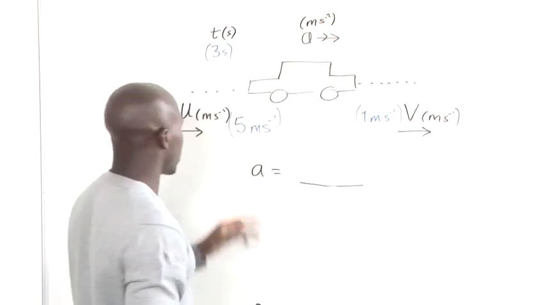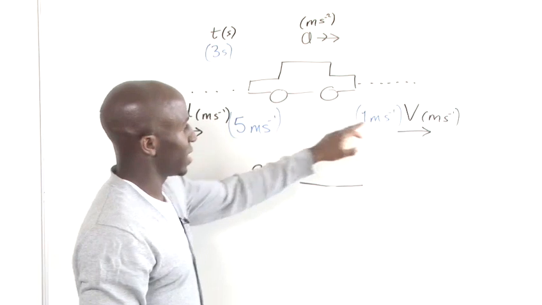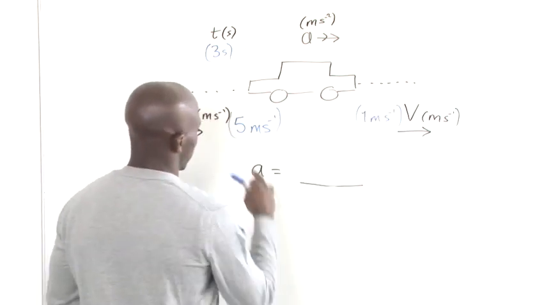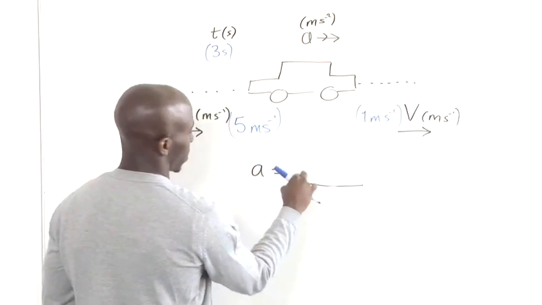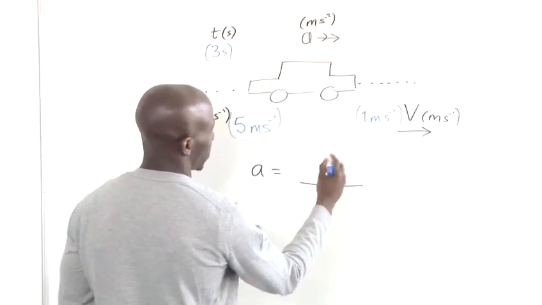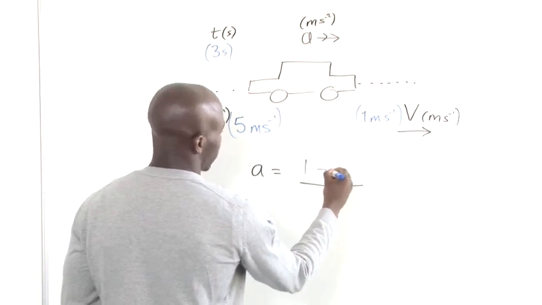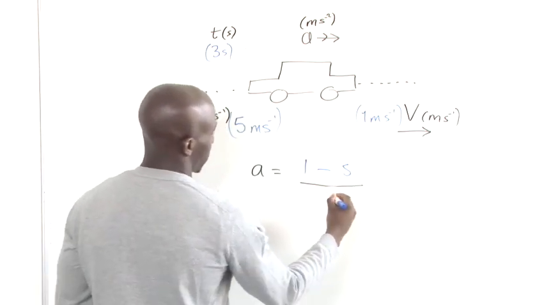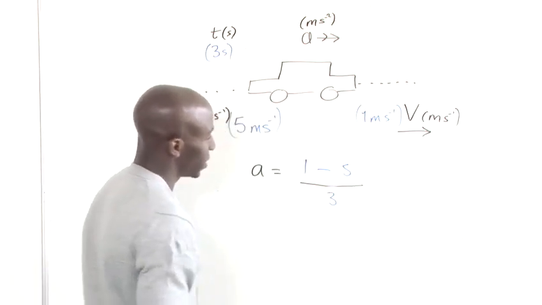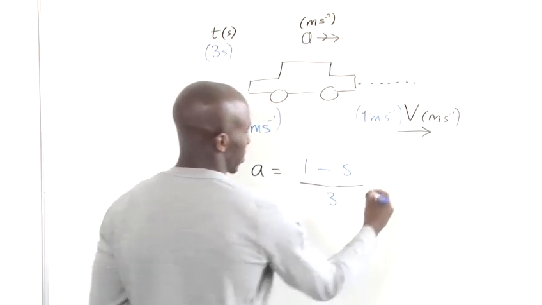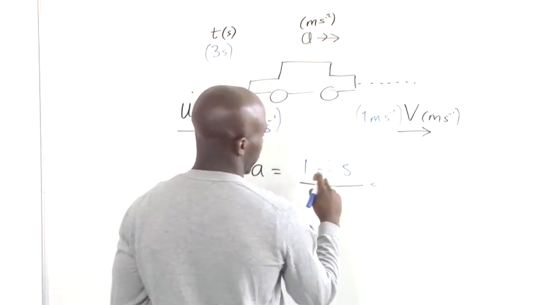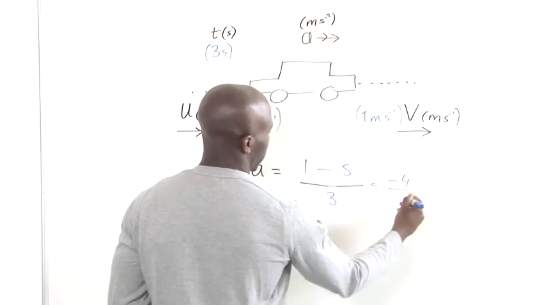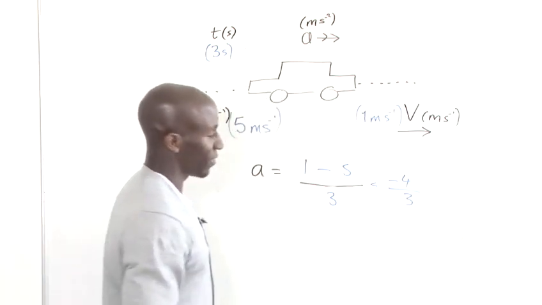So you can see that the car was traveling faster here than it was at the end. Our final velocity goes in first, so it's v minus u, which is 1 minus 5, divided by 3. When we resolve this, we have 1 take away 5, which is minus 4, divided by 3, and we have an improper fraction.